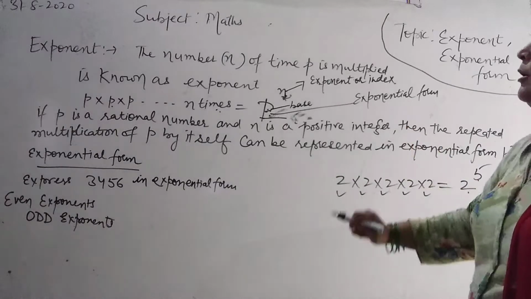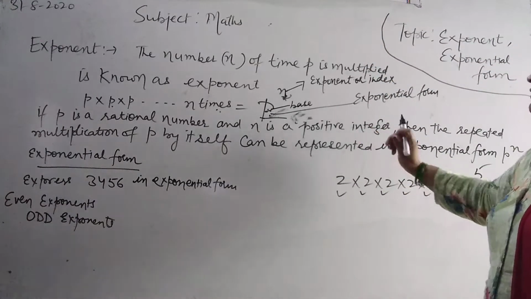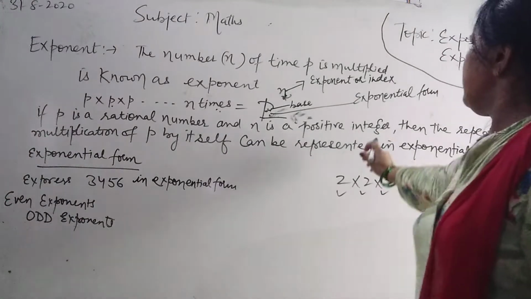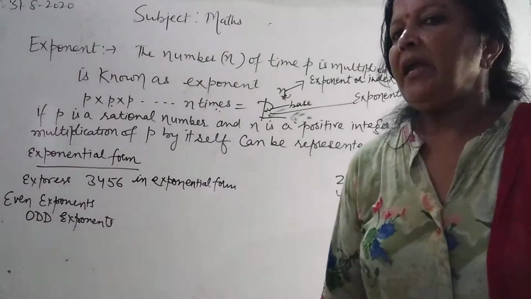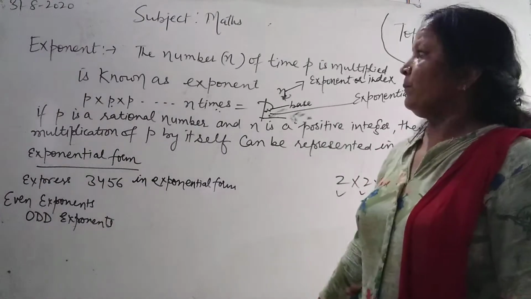Where p is a rational number and n is a positive integer, the repeated multiplication of p by itself can be represented in exponential form.